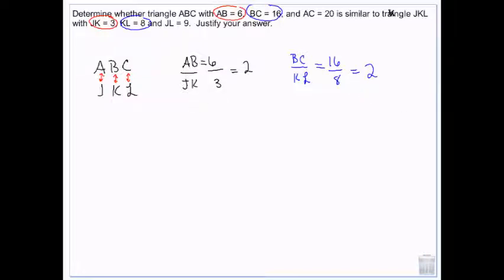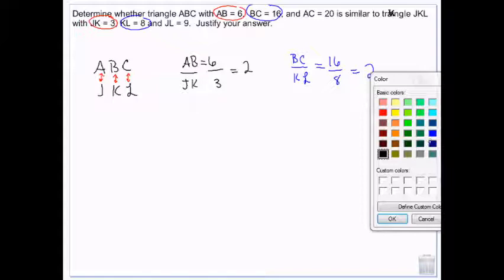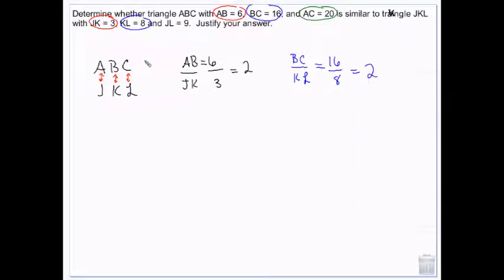And then finally, you have AC. AC goes with JL. Do you see that? Same positions? So you have AC over JL, which is 20 over 9, which is not 2. So no, not similar.